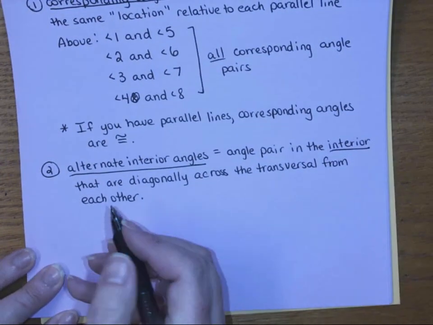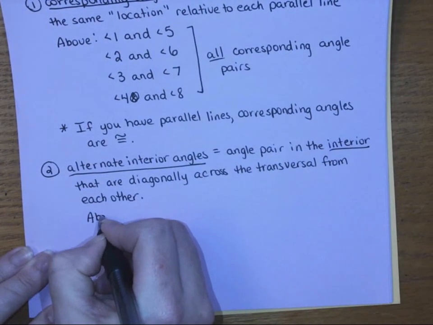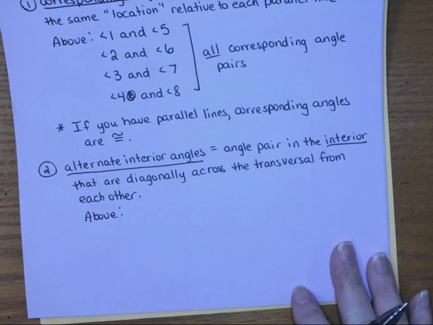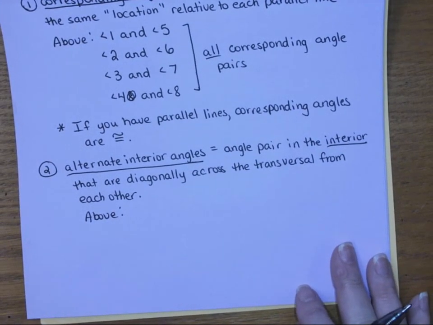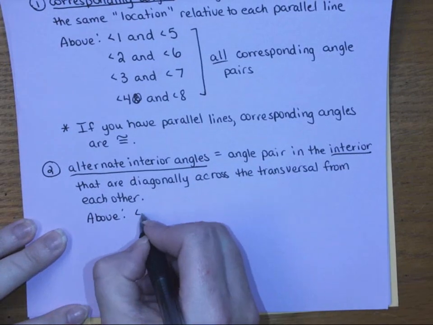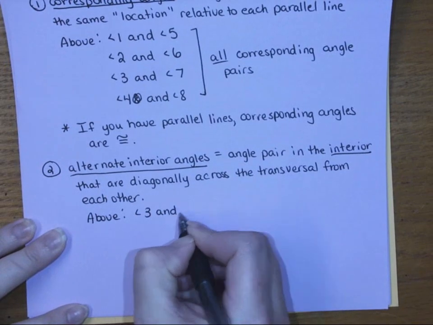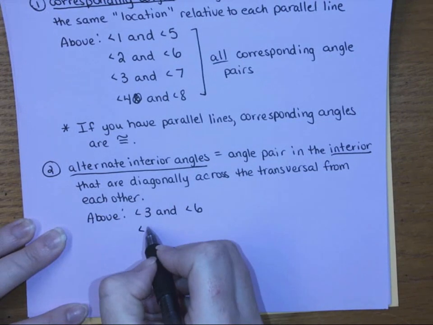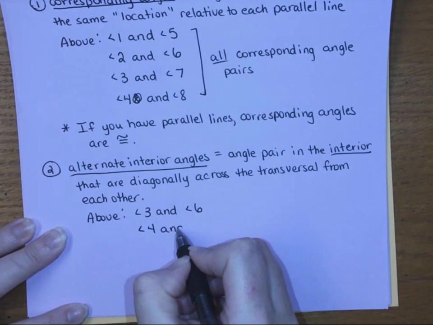Okay, so notice above, the interior angles are only 3, 4, 5, and 6. Those are the only ones on the inside. Okay, and notice angles 3 and 6 are diagonally across the transversal from each other, and also angle 4 and 5.